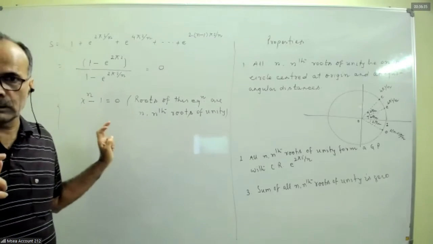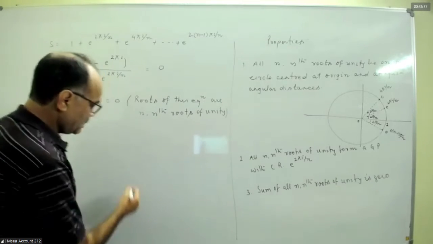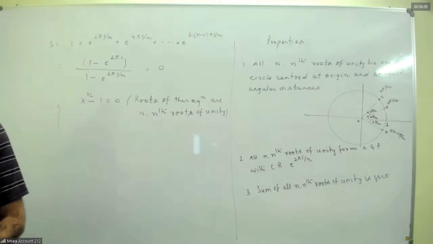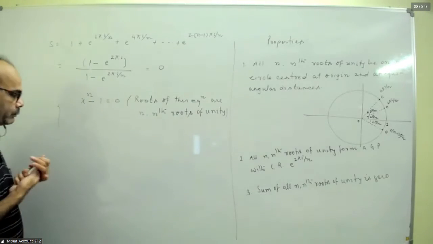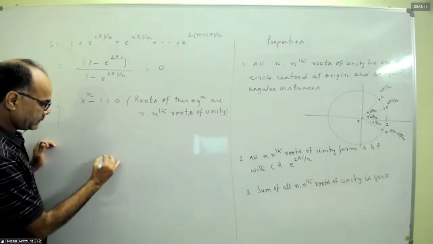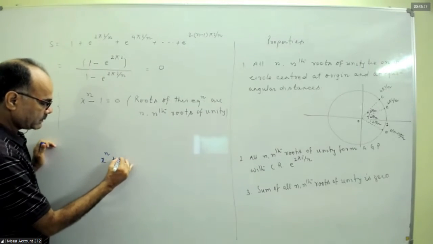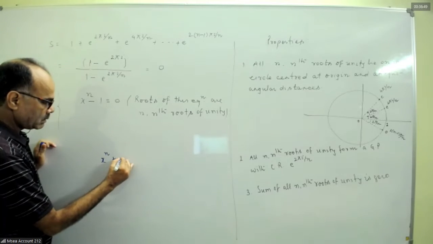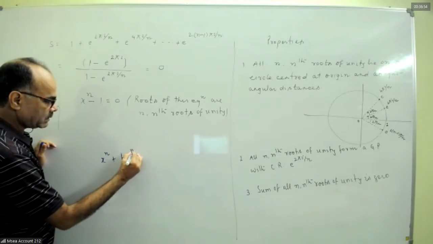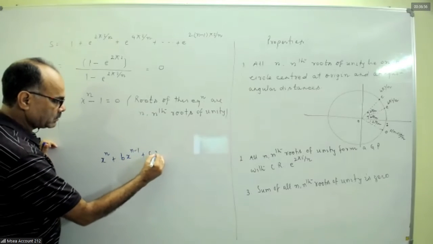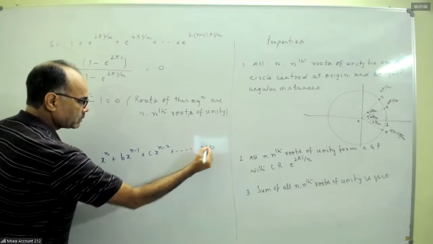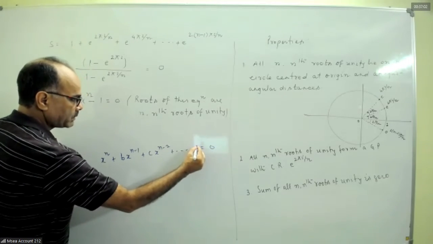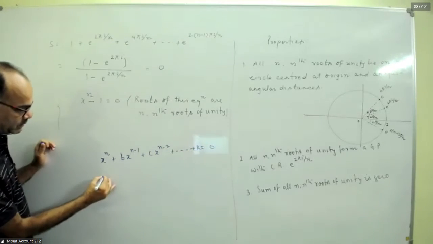Minus b by a. If we have an equation of this type, x to the power n plus b into x to the power n minus 1 plus c into x to the power n minus 2, and so on, up to a constant, what is the sum of the roots?